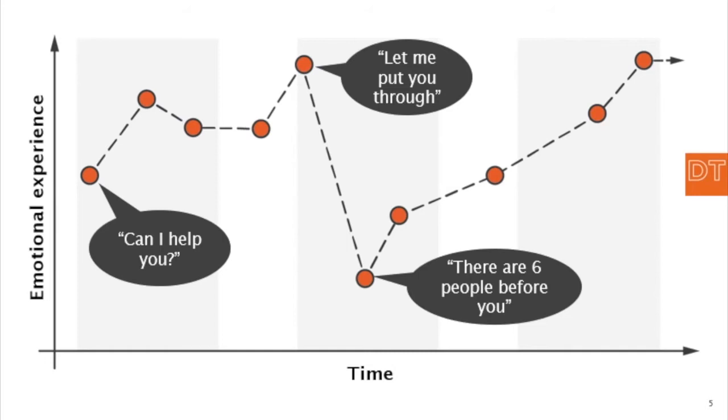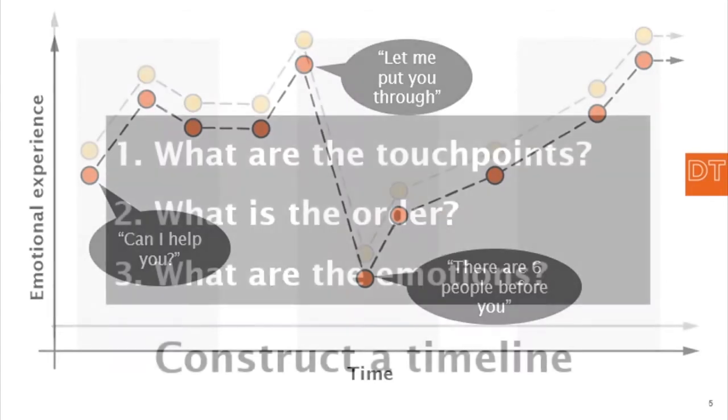You really like it because that's what you want. And then the next thing you hear is there are 6 people before you. You have to wait for at least an hour. And then your emotional experience freezes. You drop dead. This basically is a customer journey mapping.